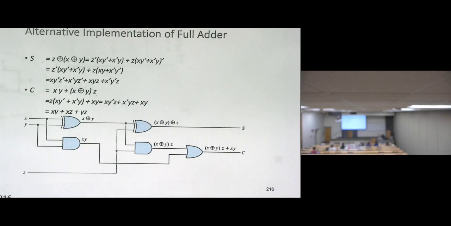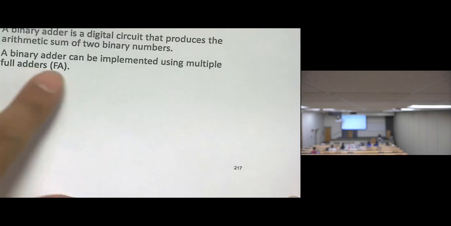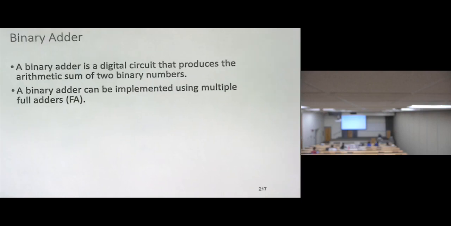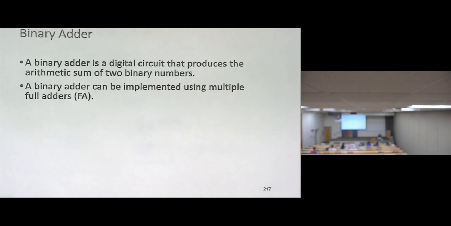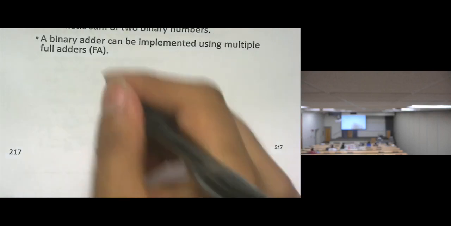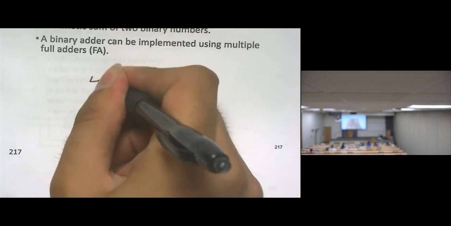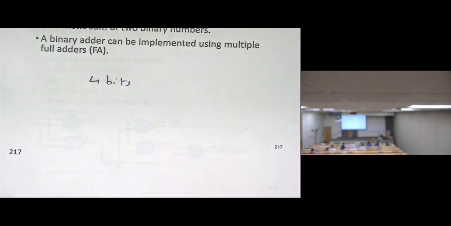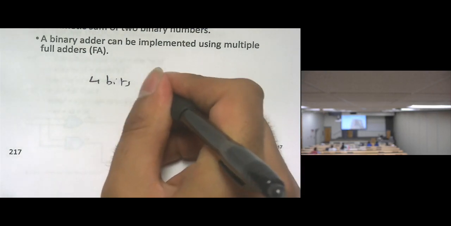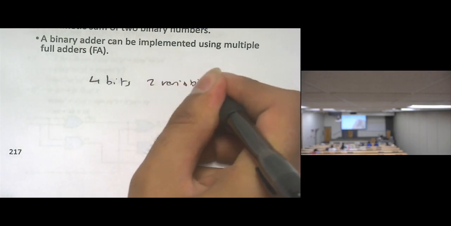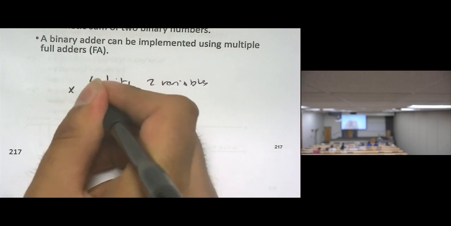So for the binary adders, we can use full adders, or we can use what we call half adders. Let's assume we have 4 bits, 2 variables. Which means I'm going to assume that I have x and y.